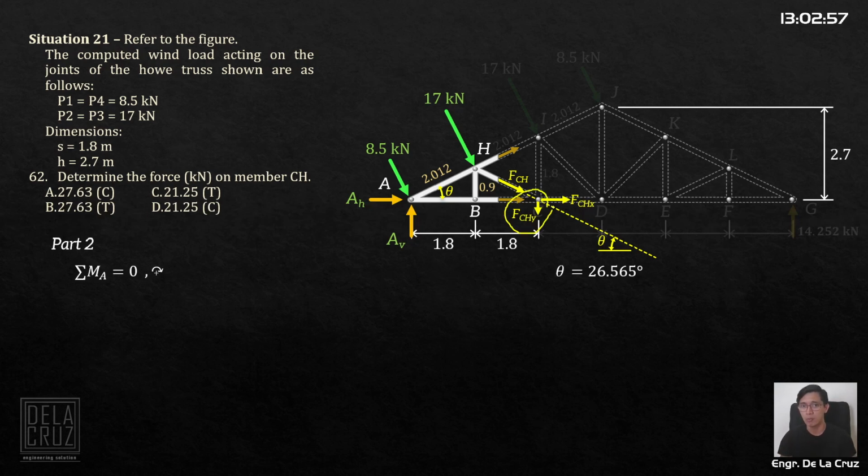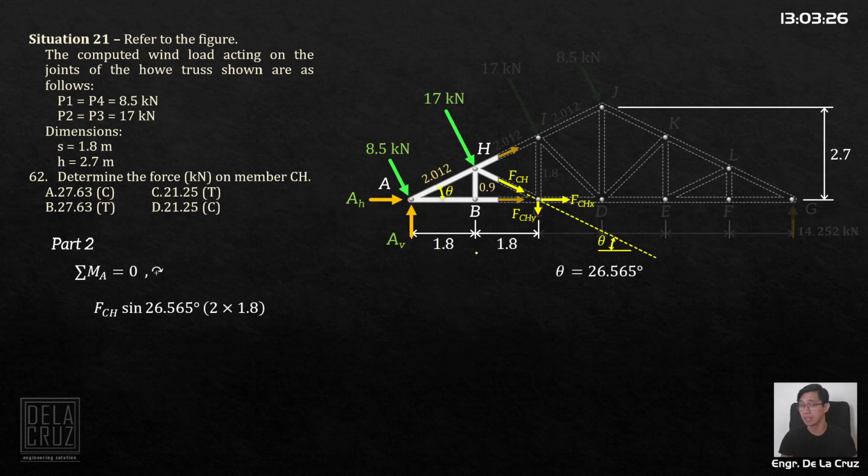Alright, so yung moment ng vertical component is CH that will cause clockwise. So force, the vertical component is FCH, sine of theta. Moment arm, dalawang 1.8. So ito again, wala siyang moment. Yung other force na magdudulot ng moment is only the 17. Kasi ito wala, direct to the point siya. Ito din, yung tatlo na yan, direct to the point of moment.